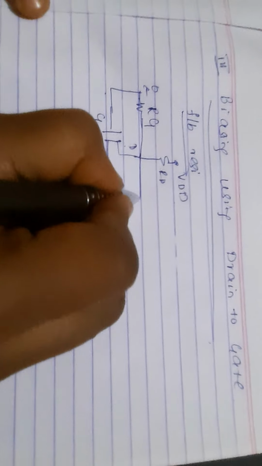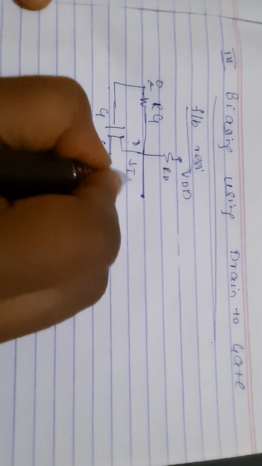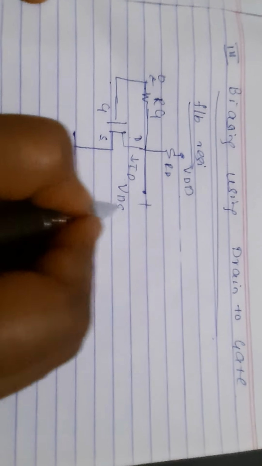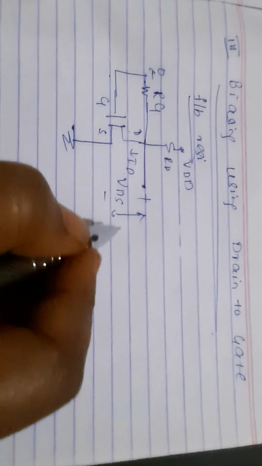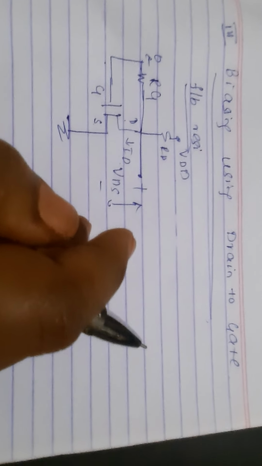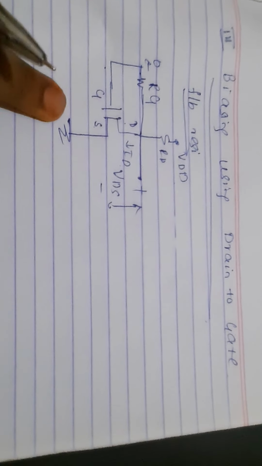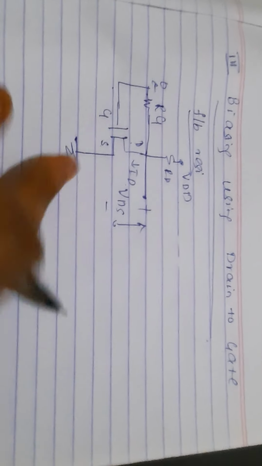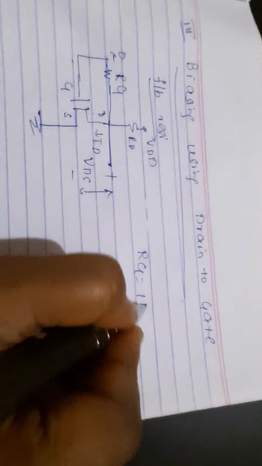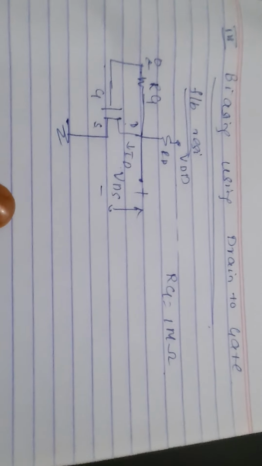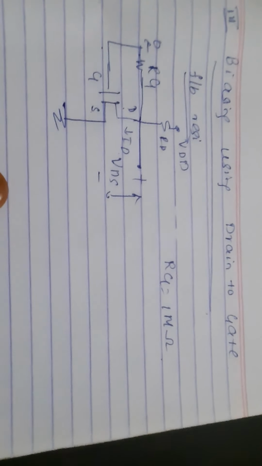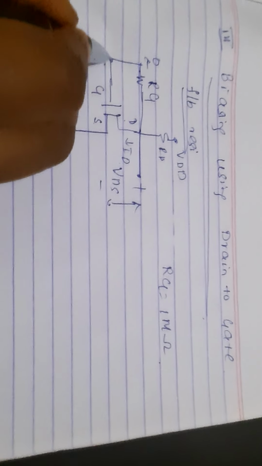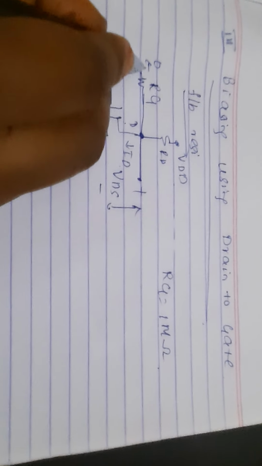This current is ID, and at this point I will have the voltage VDS. In this circuit, the large feedback resistor RG, approximately 1 mega ohm, forces the DC voltage at the gate to be equal to that at the drain. Whatever voltage is at this point equals the voltage at this point, because the current here is 0.